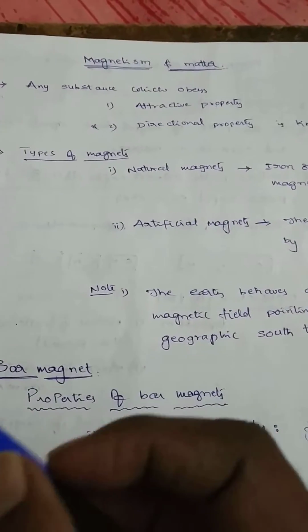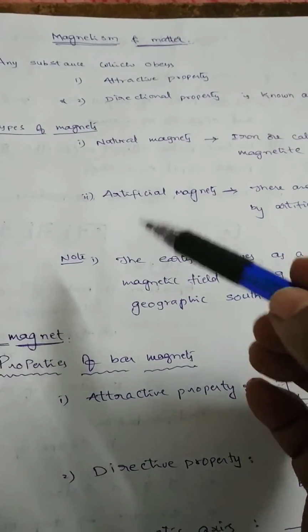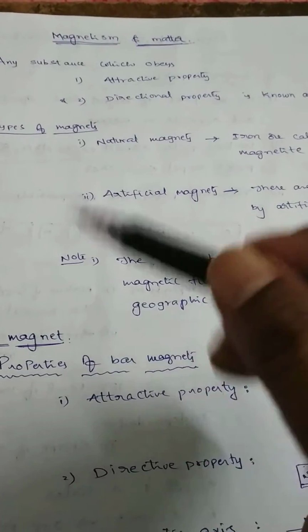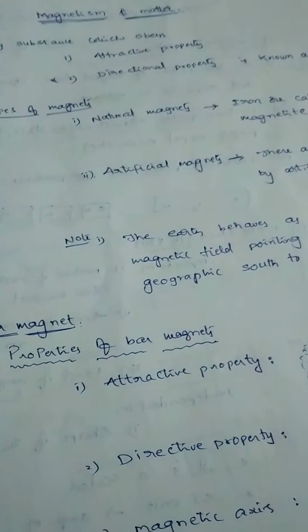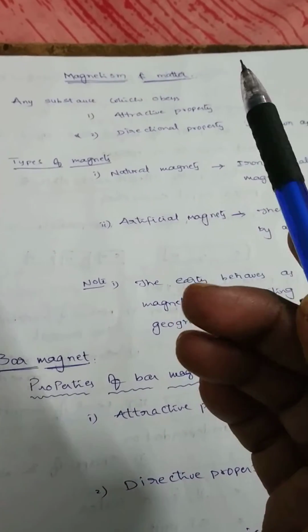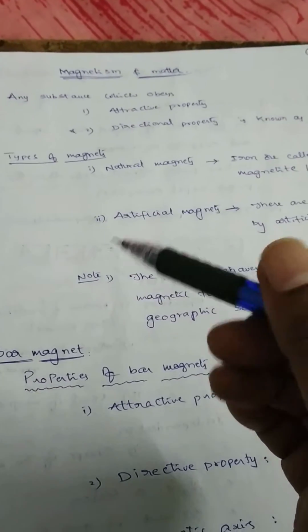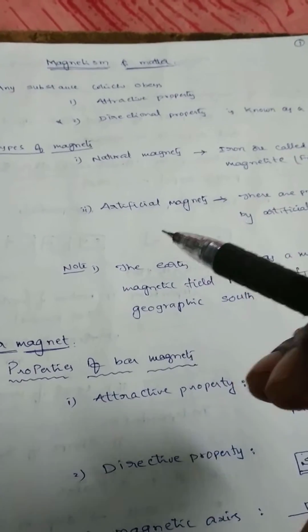So, long before, some scientists observed that iron ore called magnetite, Fe3O4, found in magnesia, has the property of attracting small pieces of iron, steel, cobalt, nickel, etc. The iron ore showing this property of attraction was named as natural magnet, and the study of properties exhibited by these magnets was termed as magnetism.